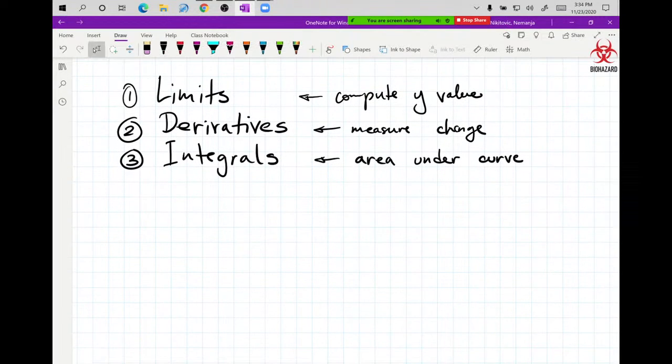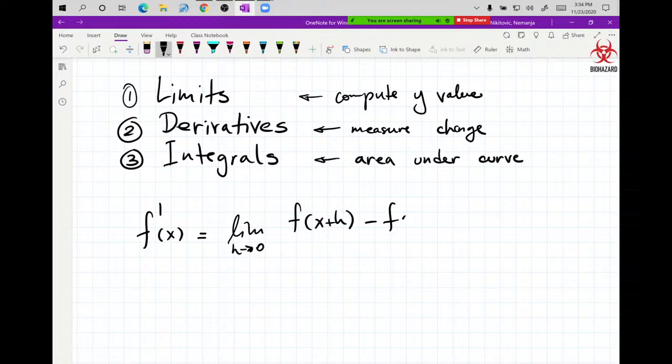Now, we also know that limits are used in some definitions of these concepts. So your f prime of x is the limit as h goes to 0 of f of x plus h minus f of x divided by h.